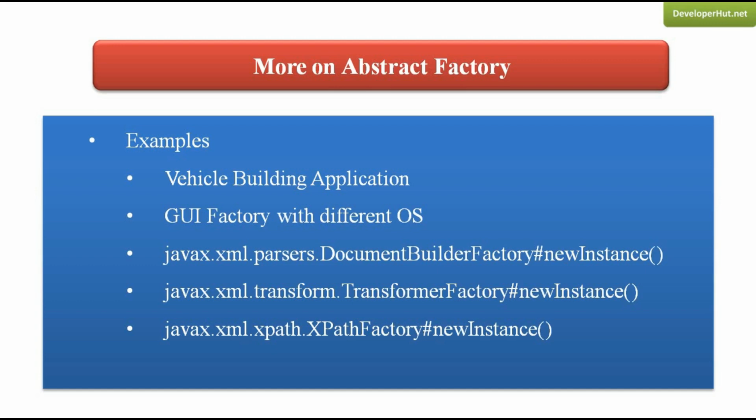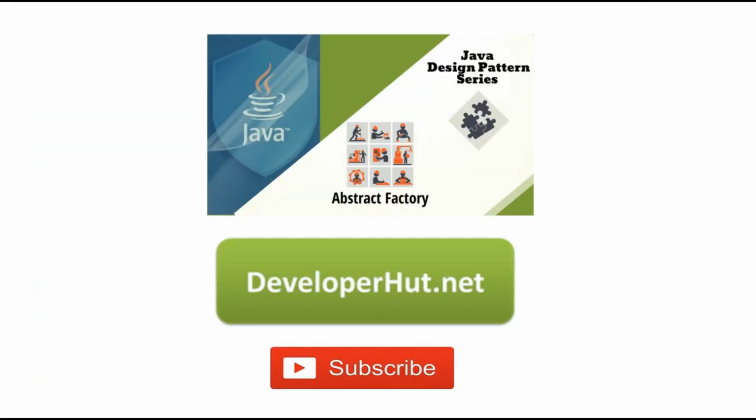So in that case, the button is your abstract class. However, the concrete implementation can be different depending on the OS, right? Then your XML parsers in the JDK, like DocumentBuilderFactory, TransformerFactory, or XPathFactory, internally use the abstract factory design pattern.